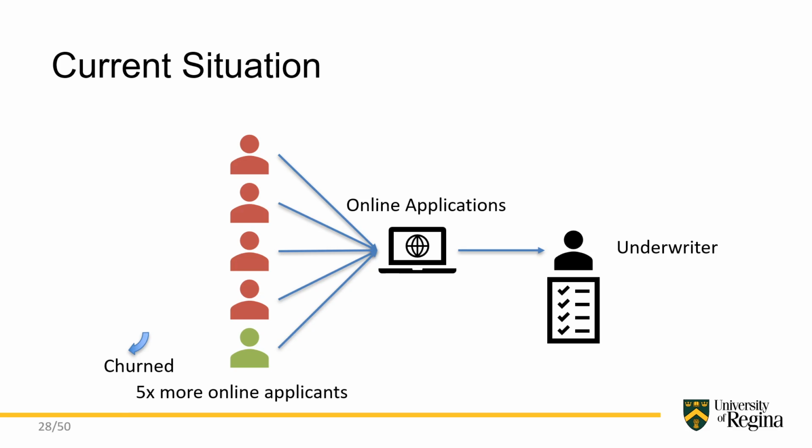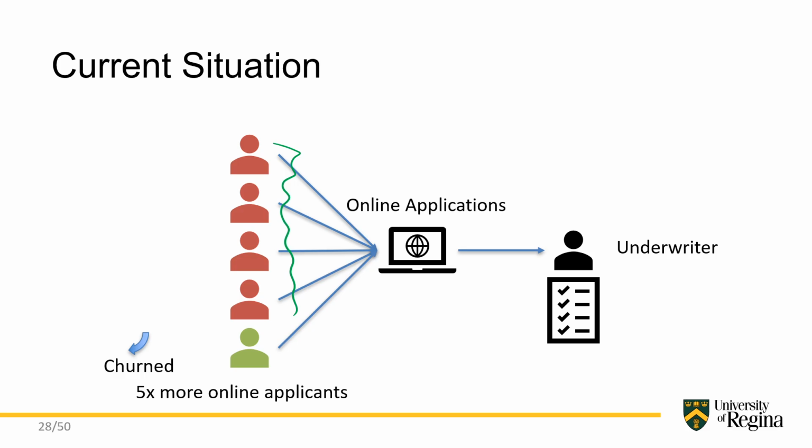So when the underwriter is trying to process all these 4 rejected customers, the one customer that was actually eligible could churn and go to another bank.